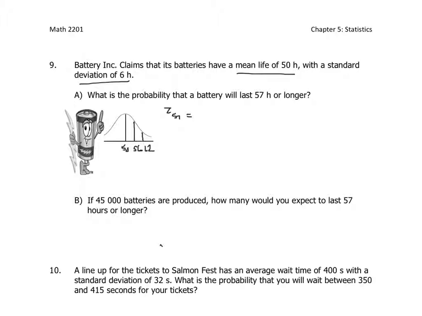The z-score for 57 would be 57 subtract the mean life of 50 over the standard deviation of 6, so that would be 7 over 6, which is 1.1666, and so on. If I round that off to 2 decimal places, it would be 1.17.